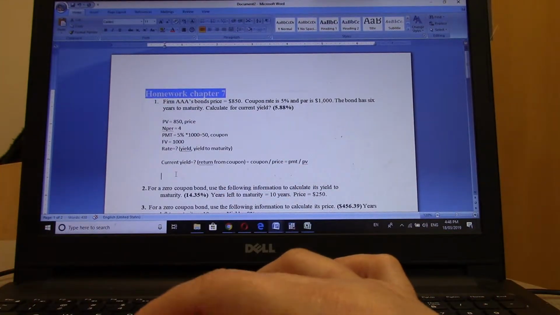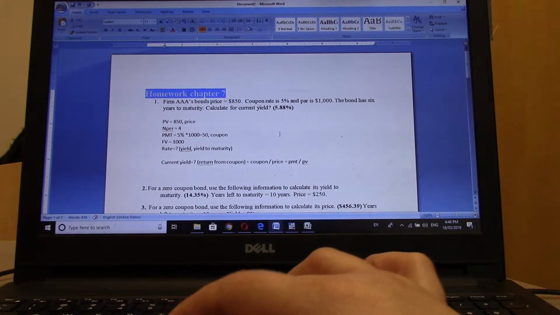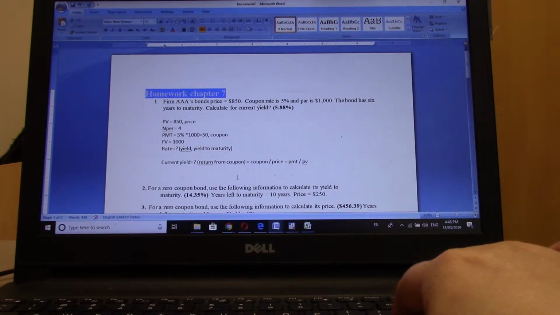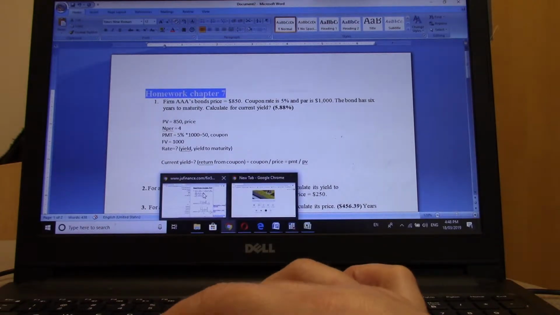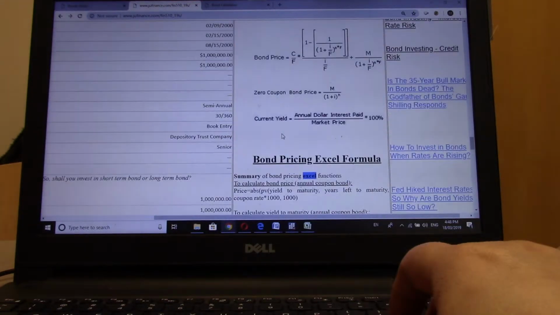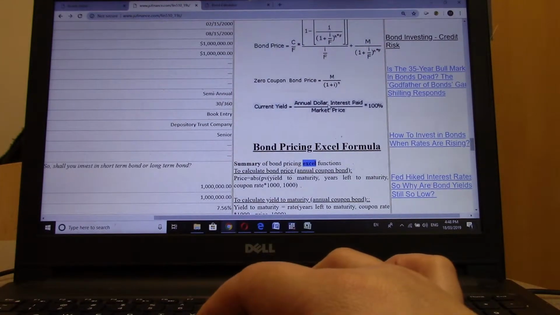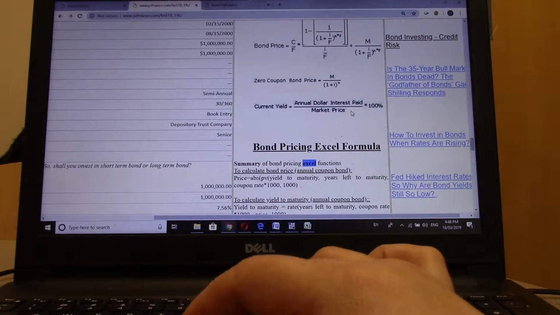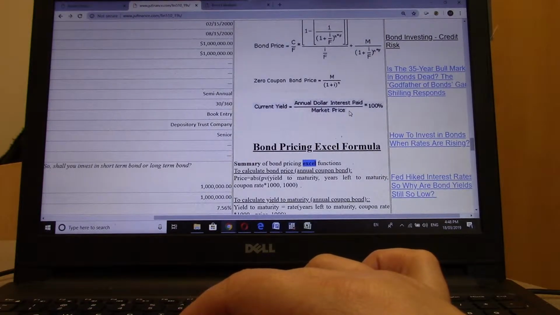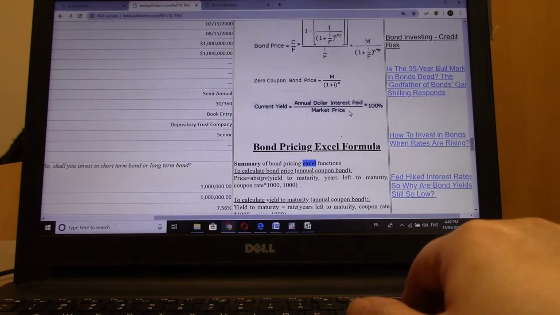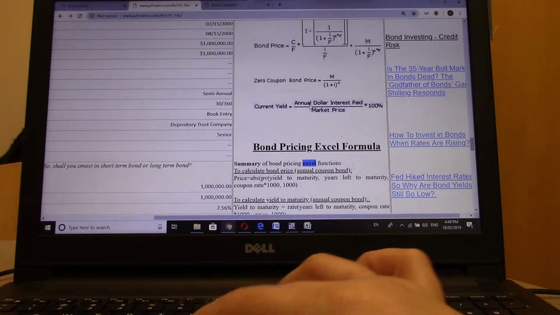So current yield should be PMT over PV. So the answer should be 5.88%. You can find the current yield equation on the website: current yield equals annual dollar interest paid, or coupon, over market price. So it's just the return to investors from coupon. So that's the definition for current yield. There's no Excel equation for this one.